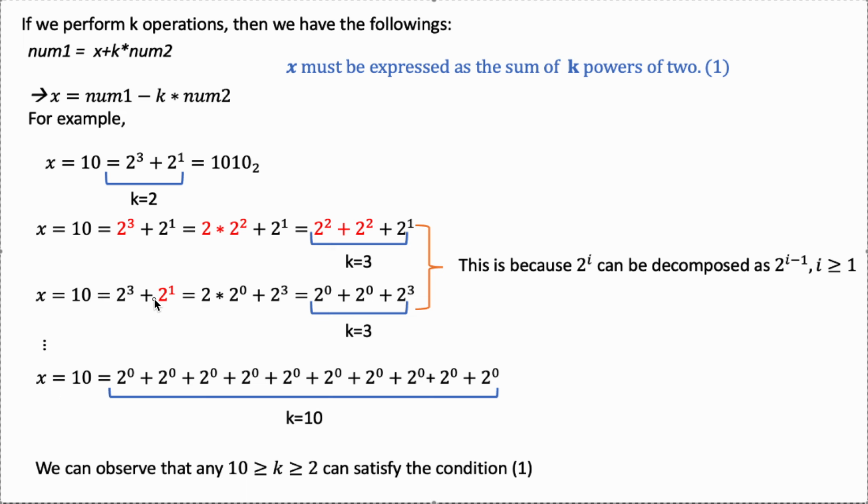What is the lower bound for k? Because the binary representation of x is the most compact form, we can base on this observation to find the lower bound for k.